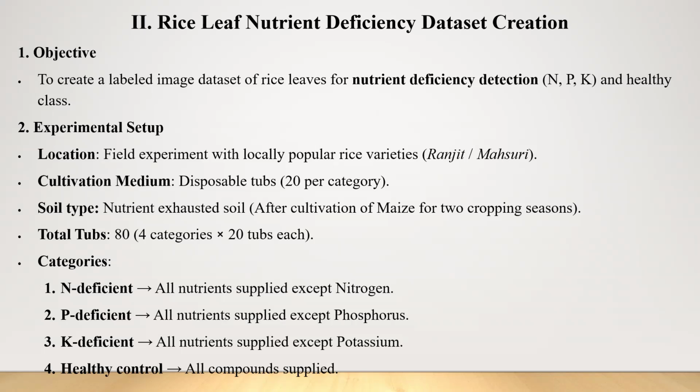The main objective of the experiment is to create labeled image datasets for rice used for nutrient deficiency detection. So four classes of images will be created: N, P, K, and healthy. For each class we are planning to create about 1,000 images.